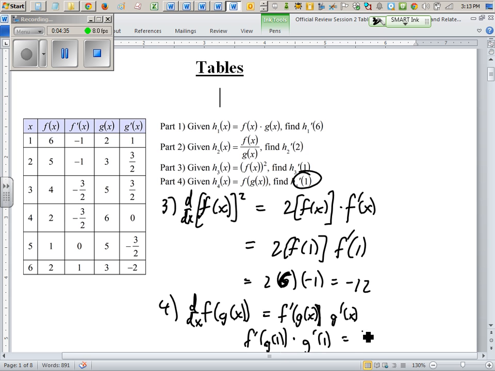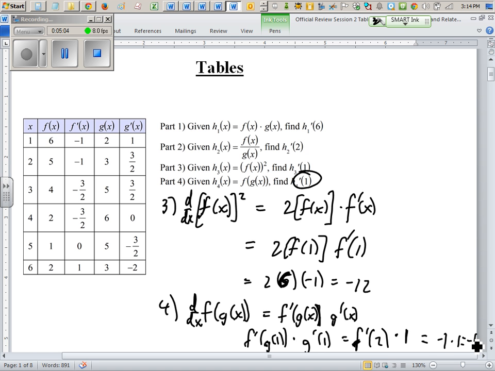So here you're going to have to find what g of 1 is. G of 1 is 2. G prime of 1 is 1. So f prime of 2, you have to find that now. That's like the last thing to find. So it's negative 1 times 1. For the last one I got negative 1. Negative 1 is my final answer.